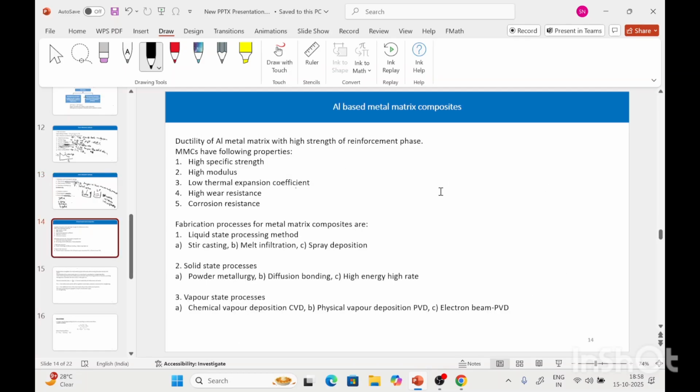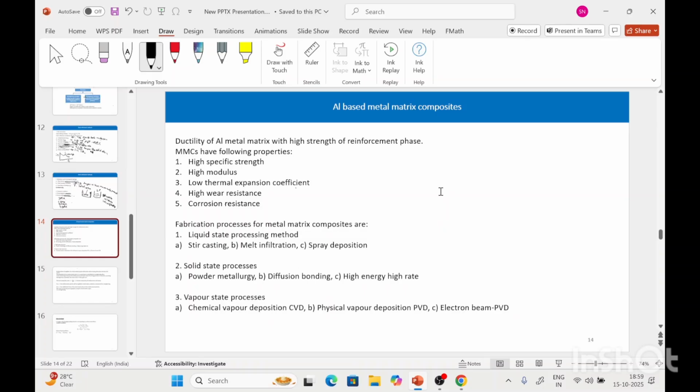So what is the purpose of this aluminum-based metal matrix composites fabrication? Composites mean two or more materials are mixed together to achieve combined properties: the ductility of the aluminum metal matrix with the high strength of the reinforcement phase.